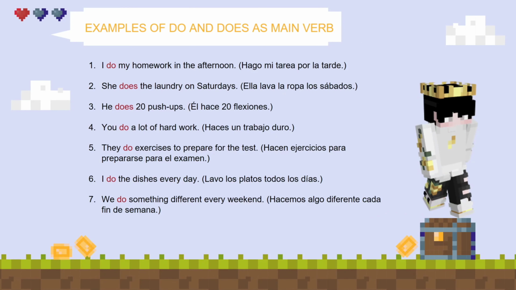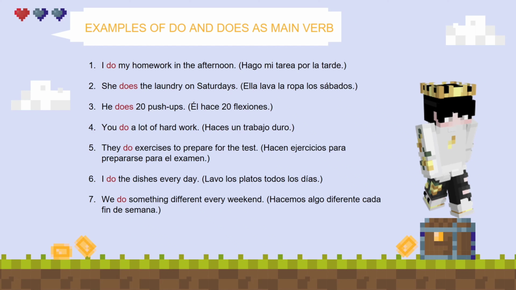Examples of do and does as main verb. Number 1. I do my homework in the afternoon. Hago mi tarea por la tarde. Number 2. She does the laundry on Saturday. Ella lava la ropa los sábados. Number 3. He does 20 push-ups.